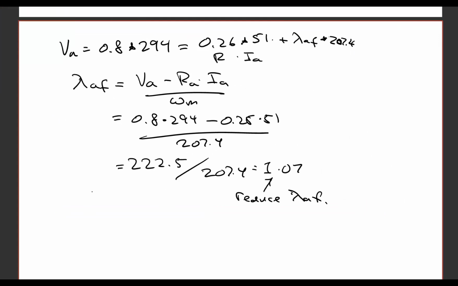We know that lambda A F is equal to lambda A F nominal rated times the ratio of the current, so the I F that we're operating at divided by the I F nominal rated.